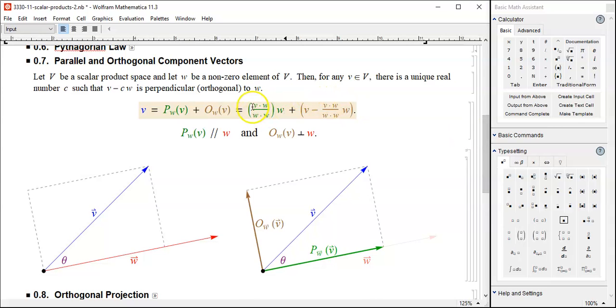Please remember this formula. The derivation you may forget, but the formula itself, v dot w over w dot w, you should remember this. And of course, v minus of that is perpendicular, orthogonal, as you can see here. And of course, if I add up this expression and that expression, they cancel out and we get v. You can clearly see that too.